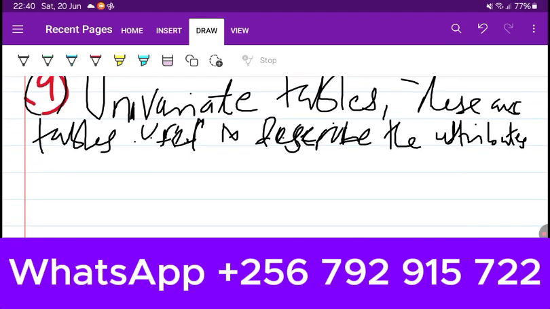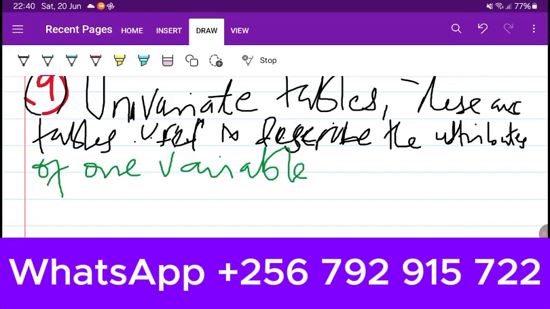They are used to describe the characteristic of one variable. A variable is like one kind of item that we talk about.